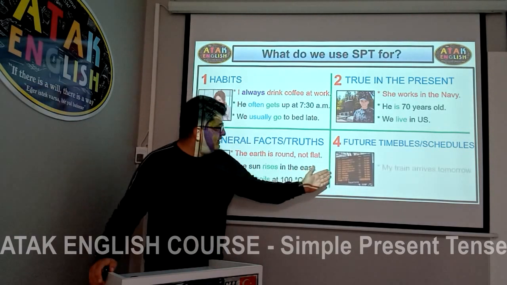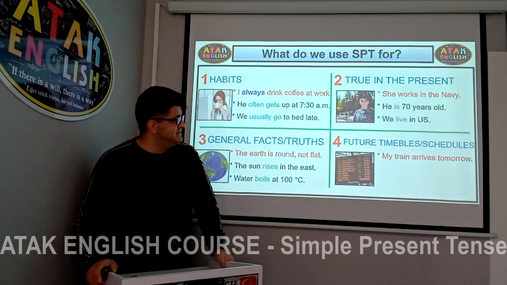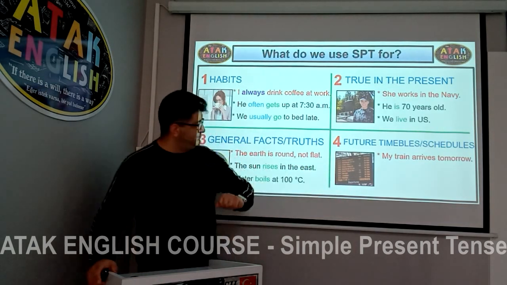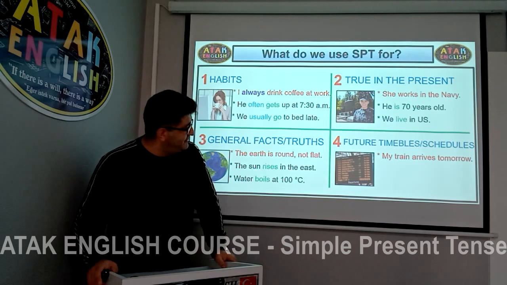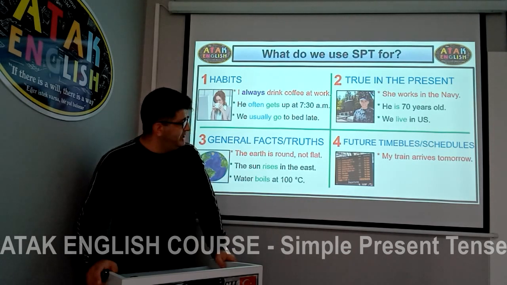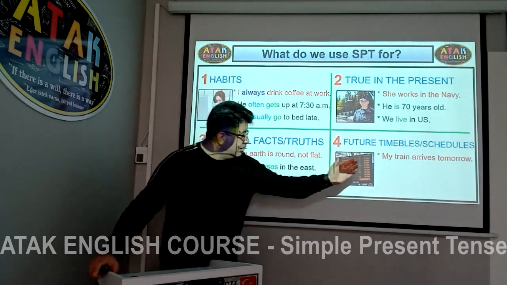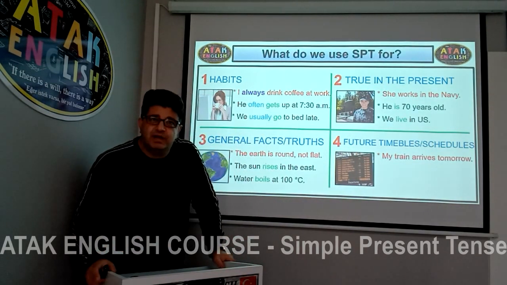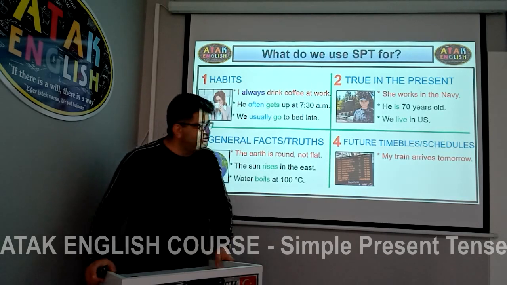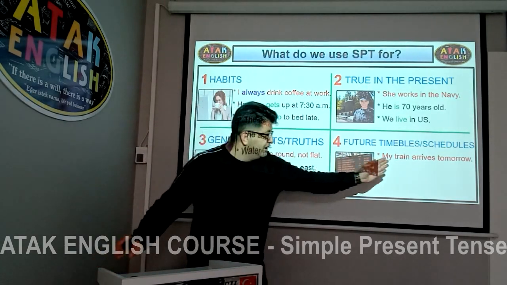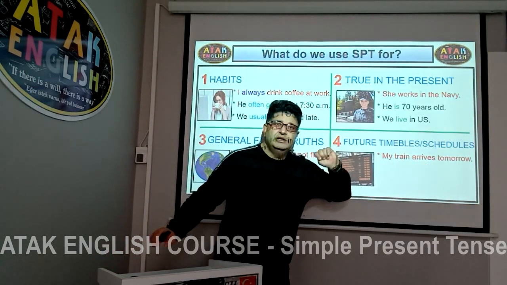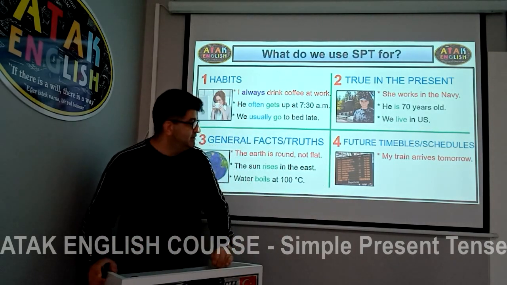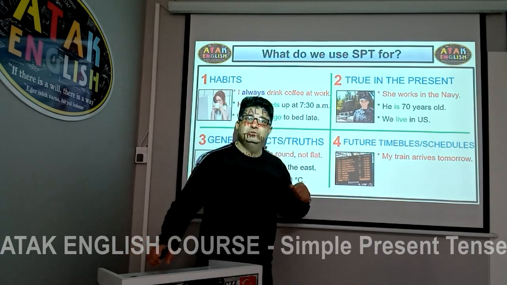Here comes the example for future timetables and schedules, and as you can see in the image, it seems to me that this is a kind of timetable in the train station. Our example, my train arrives tomorrow. I would like to attract your attention right here. Even though the time expression tomorrow is the time expression of future tense, which tense do we use here?